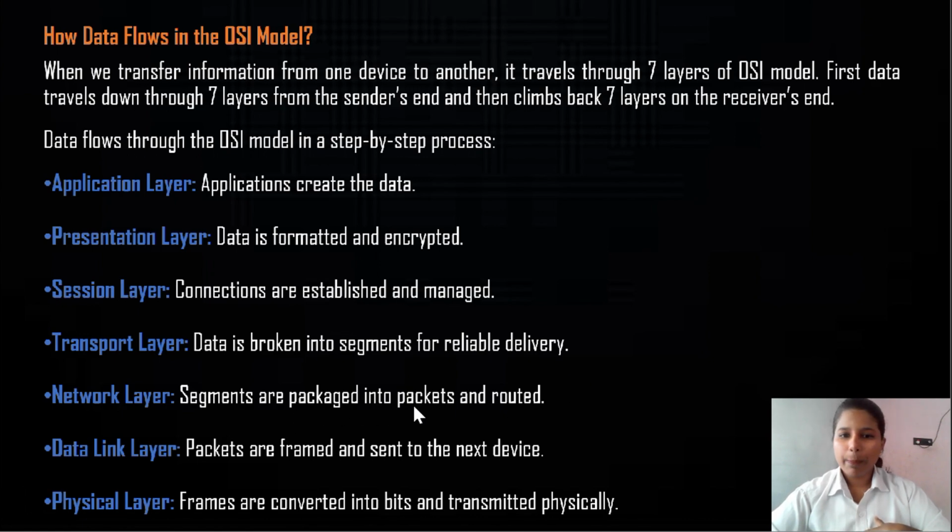The segments are packed into packets and routed, in the data link layer the packets are framed and sent to the next devices, and in the physical layer the frames are converted to bits and transmitted physically. So this is the whole step and the whole model of the OSI model. I hope you understand what the OSI model is. So that's how the OSI model ensures smooth communication across the network.